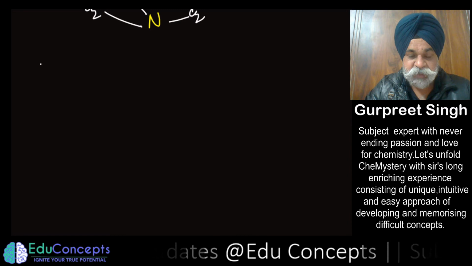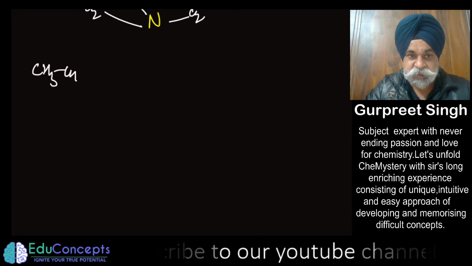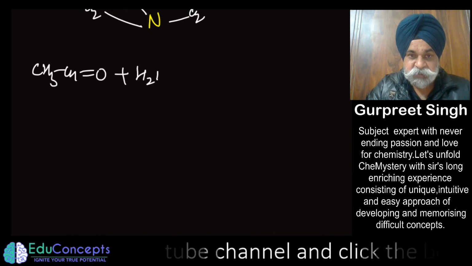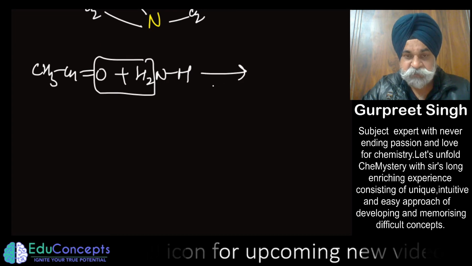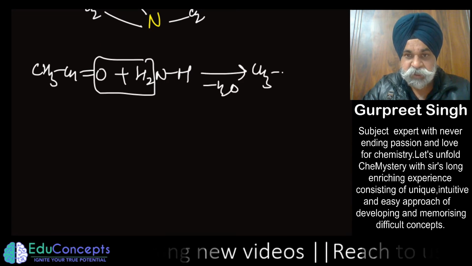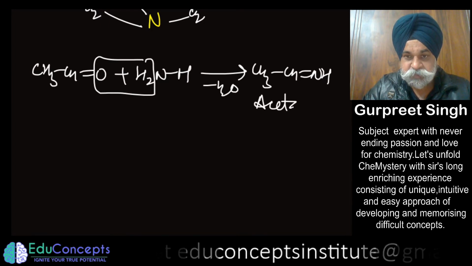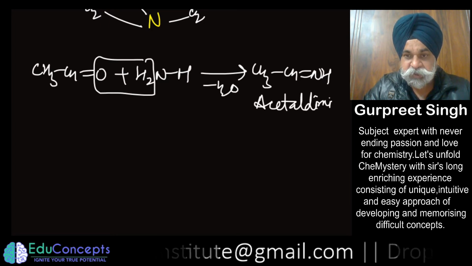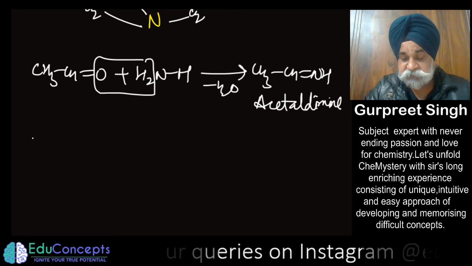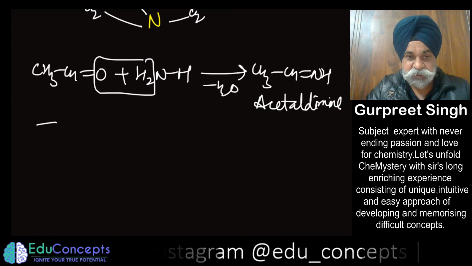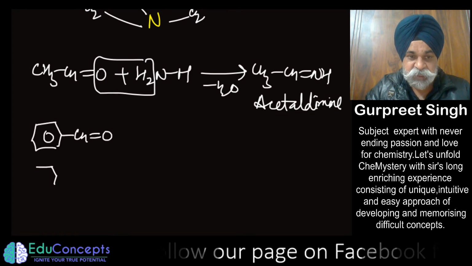For example, if instead of formaldehyde you take acetaldehyde, acetaldehyde reacts with ammonia by nucleophilic addition with loss of a water molecule, and you end up getting a different compound. So ammonia is quite frequently used in different reactions in organic chemistry, but here in all of these it reacts differently.